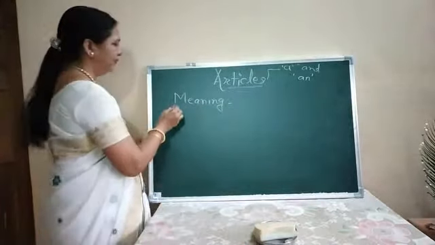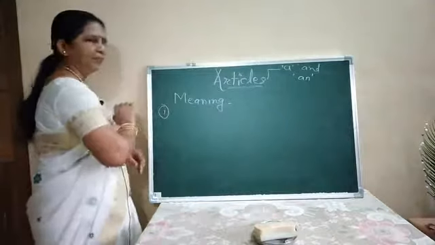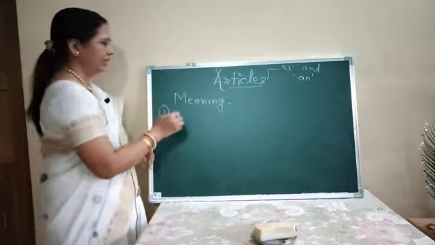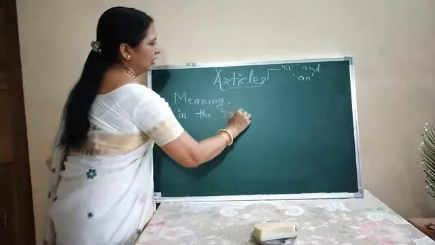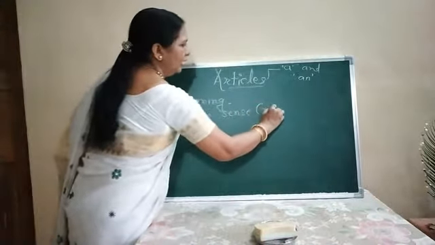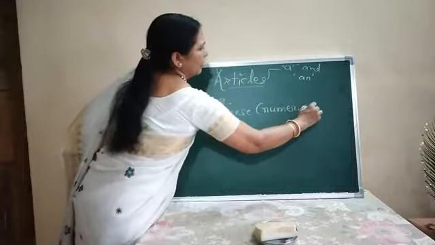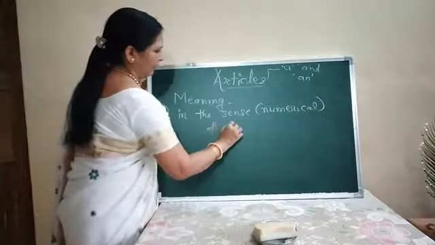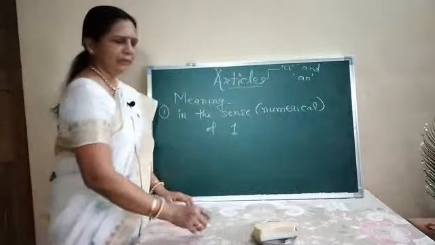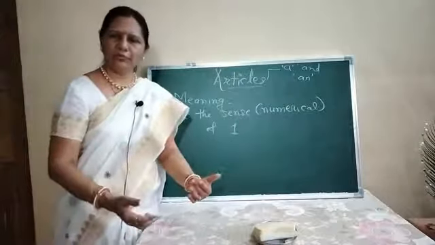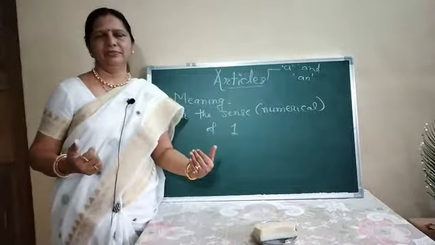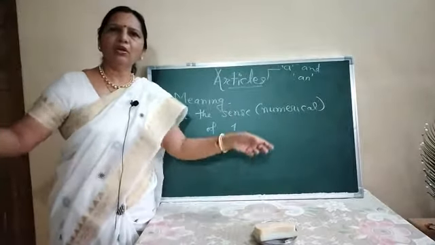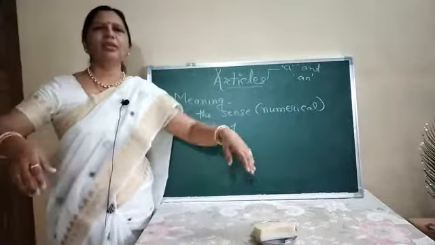The first thing, a or an is used in the numerical sense of 1. For example, suppose I tell you, students, give me a pen. So what will happen? Will all of you stand up and give all the pens to me?